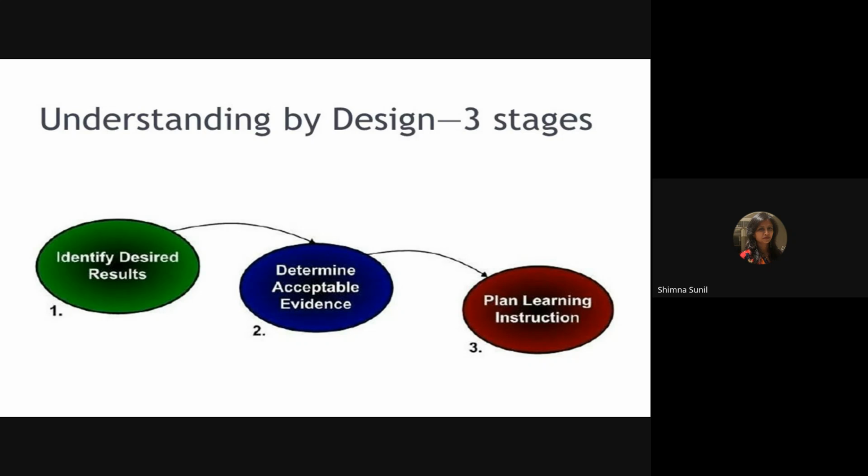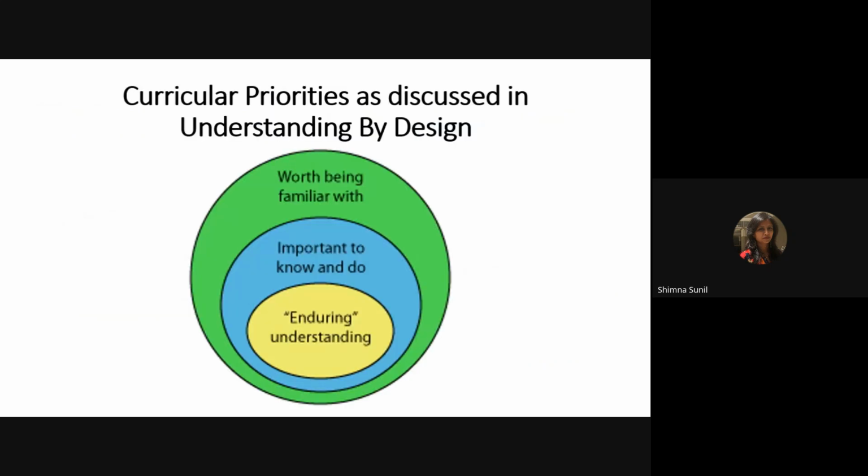How does this work actually? This is one small example of curricular priorities, discussed by Understanding by Design. I'll not dwell much upon it because it doesn't give us much into Bloom's taxonomy, but I'll brush it up so that you understand this.